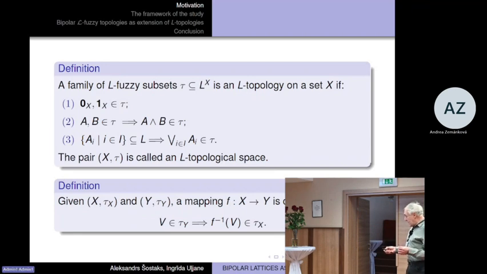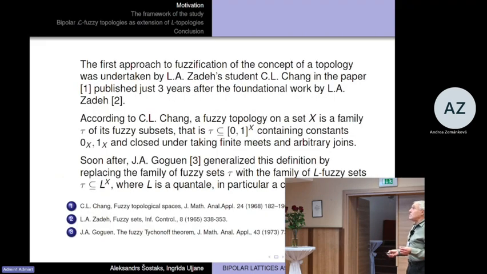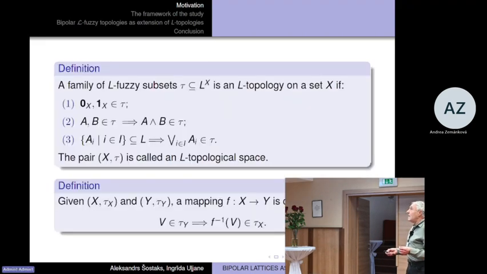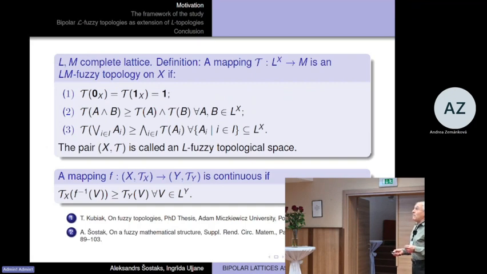This was the idea of mine, and independently of Thomas Kubiak, completely independently, that we define fuzzy topology as a mapping. So the fuzzy topology will also be fuzzy, with properties given by a degree.